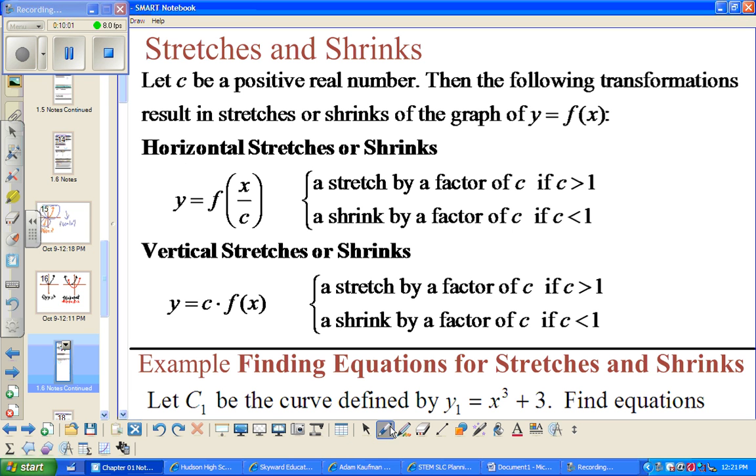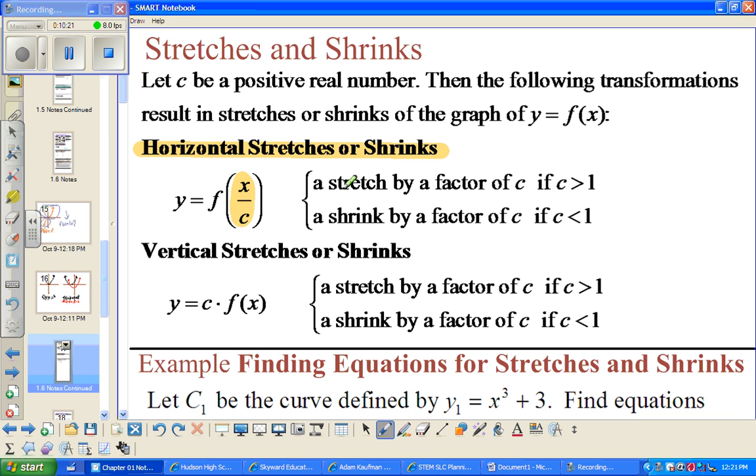Another way to translate your graphs would be to stretch and shrink them. If you have a horizontal stretch or shrink, what you're doing is taking each individual x value and dividing it by some c value.